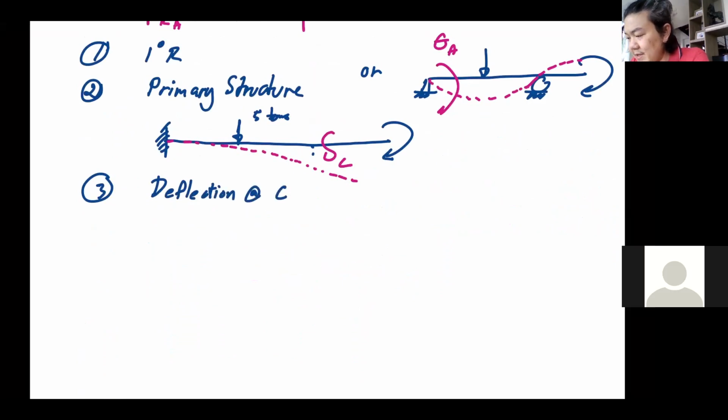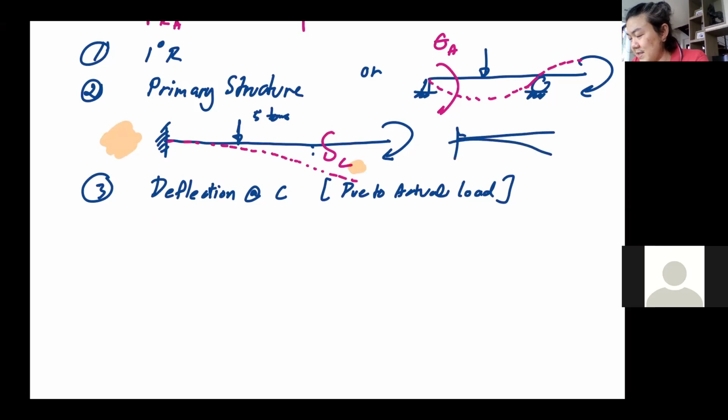At C. Now this is of course due to the actual load. Okay. So if this is our primary structure here, this is our target, and you should know that the calculation of the displacement at C by using the moment area is really simple, because if you can recall, delta C is going to be equal to TCA.